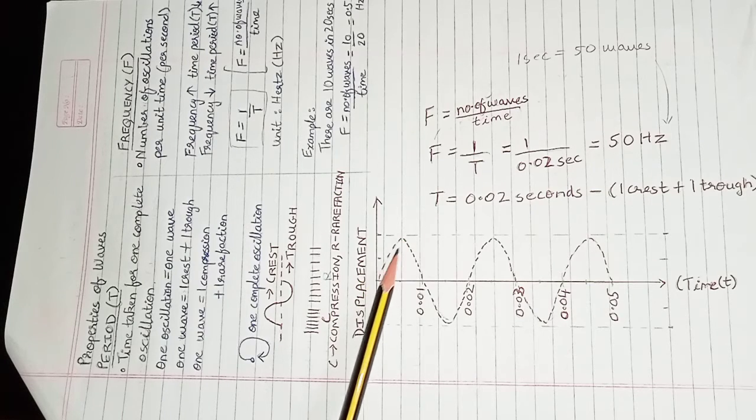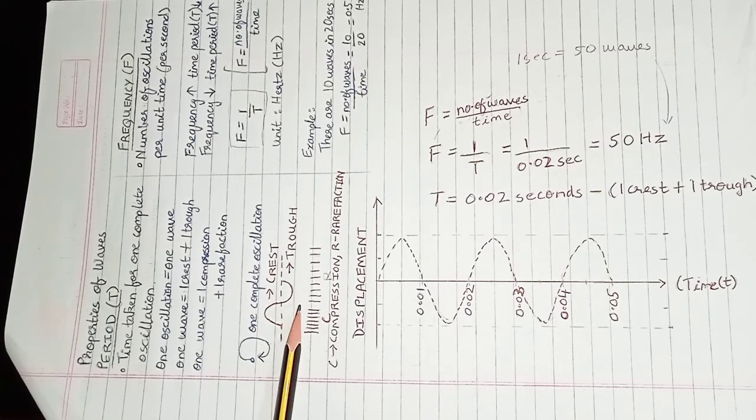The particle starts from here. When it completes one complete oscillation, it comes back again to the same mean position. We had discussed that one crest and one trough can be represented as capital T. The particle goes through this crest area, then comes back to the trough area, and reaches over here at 0.02 seconds.